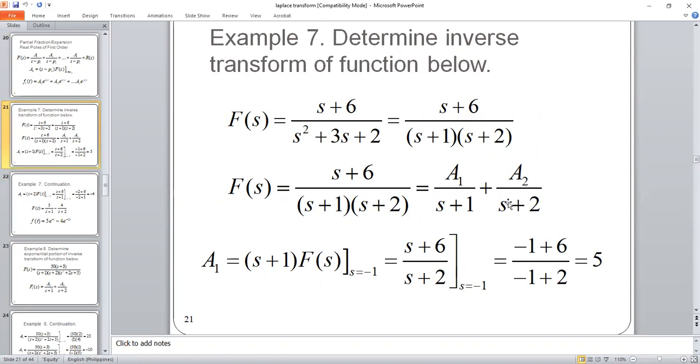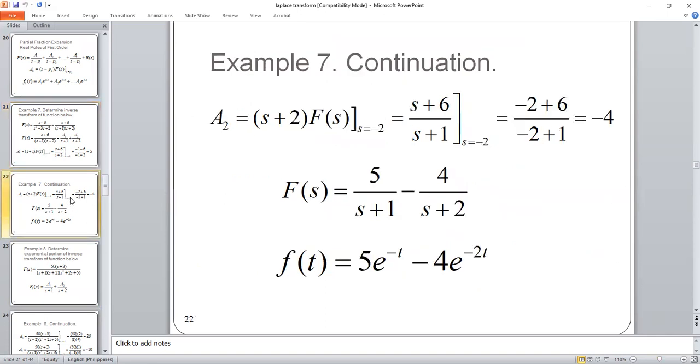The sum of these partial fractions is actually equivalent to the original. You see this equal sign? The reason why we write it in this form is so that we can find the Laplace transform of this original function of S. So when you substitute the 5 here and the -4 here, as presented, you can see that you can now have this readily inverted.